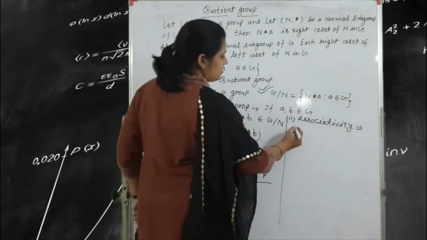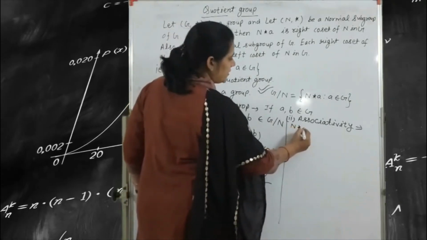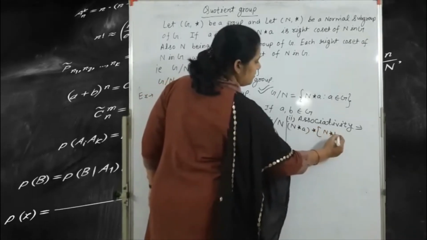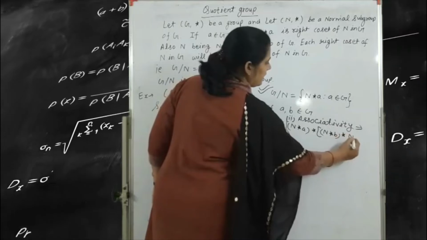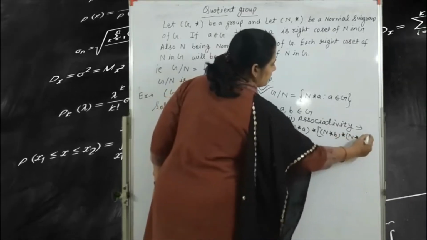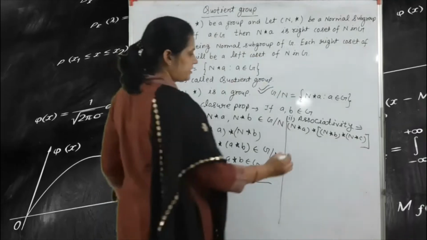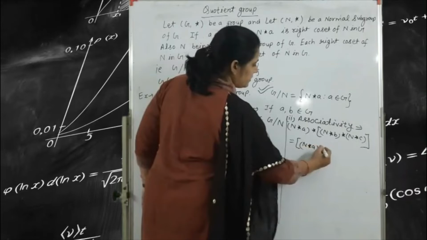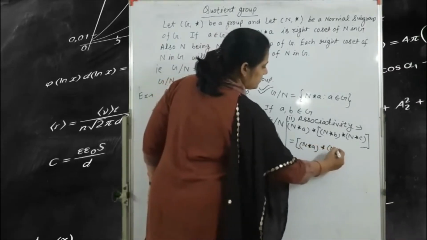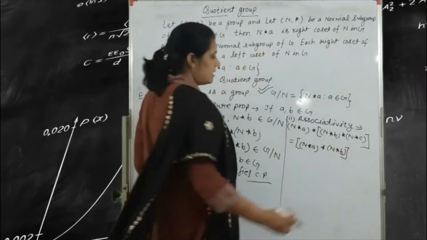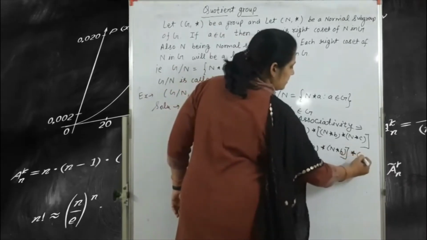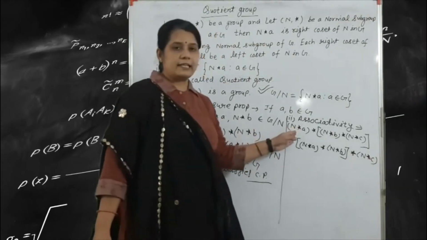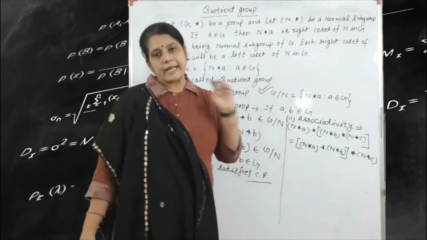(N*a * N*b) * N*c is equal to N*a * (N*b * N*c). We take the LHS and prove the right hand side.